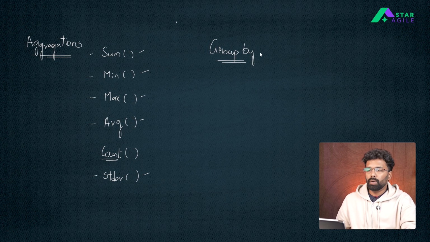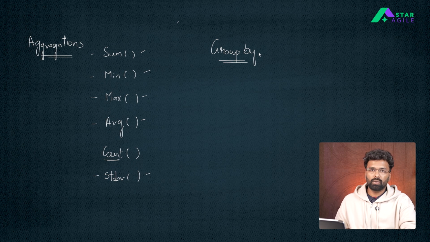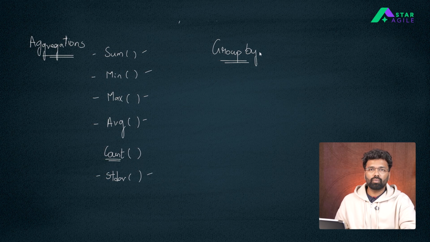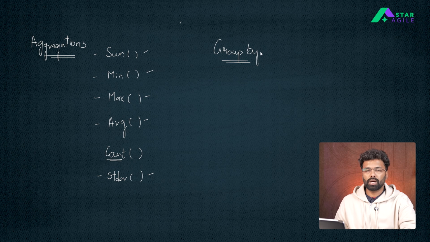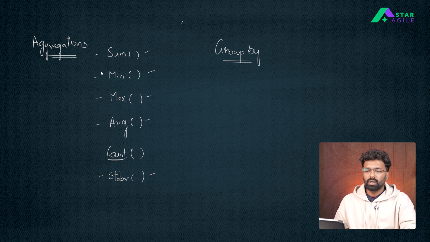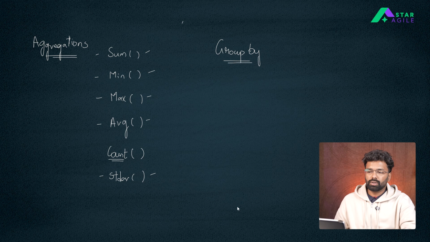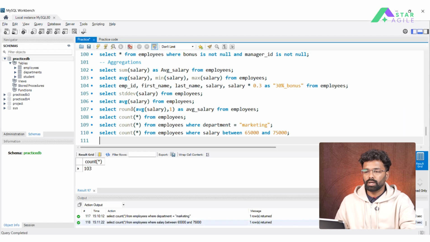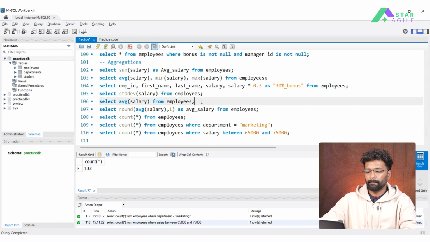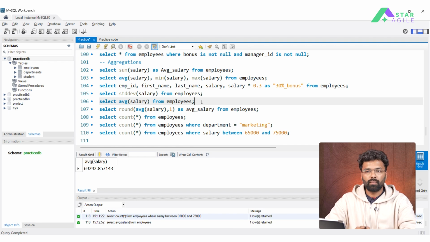Group by is nothing but grouping the data over here, guys. Grouping is done on these aggregations. If I perform any of these aggregations like average of salary, it is giving the average based on the complete data, guys.